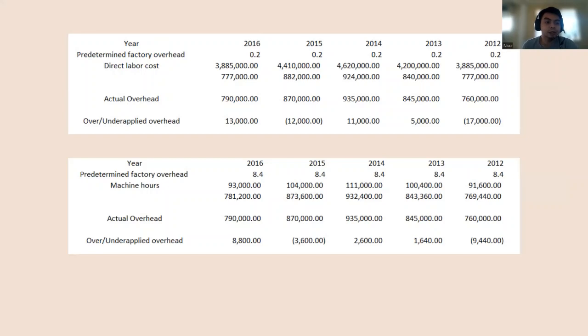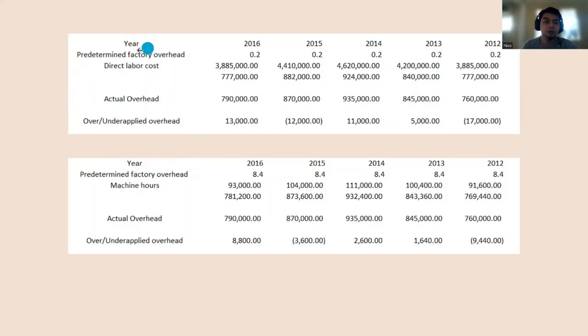To determine the over or under-applied overhead for each year, we need to multiply the predetermined factory overhead rate, which we solved earlier, by the base, and compare that result to the actual overhead for that year.